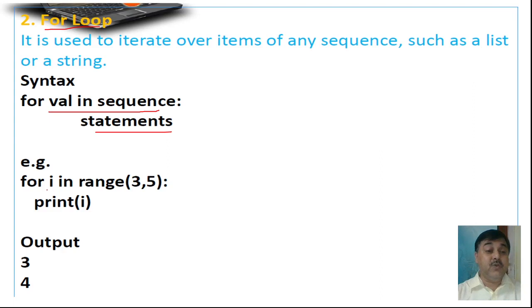As I said earlier, how do I write a for loop? for i in range, where the range is 3 to 5.